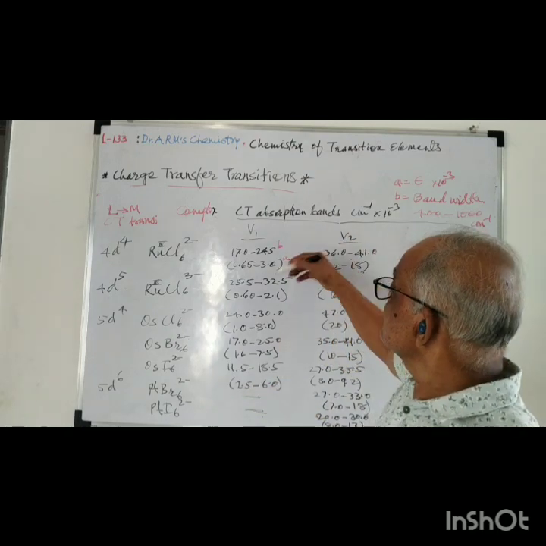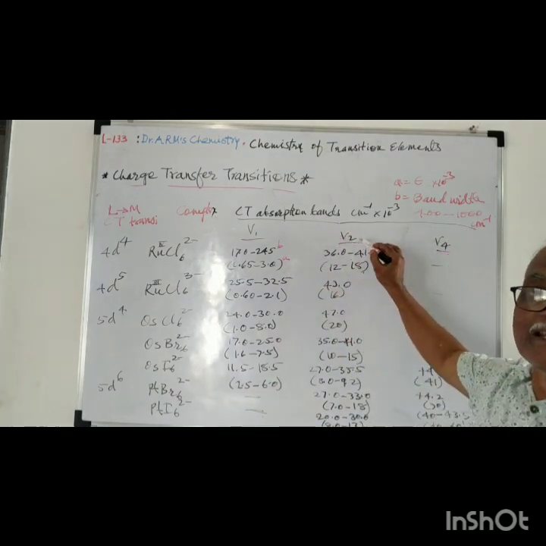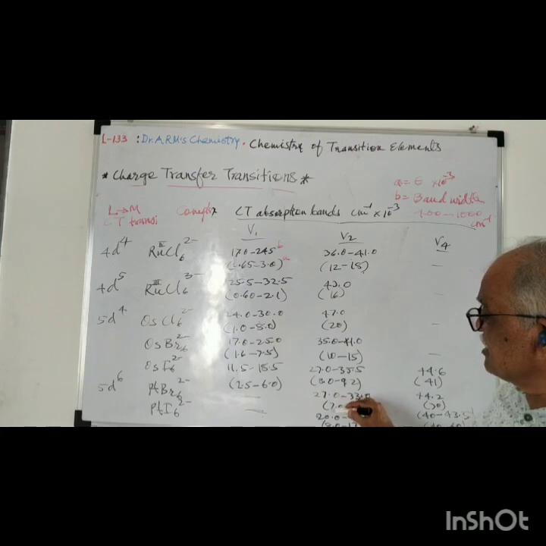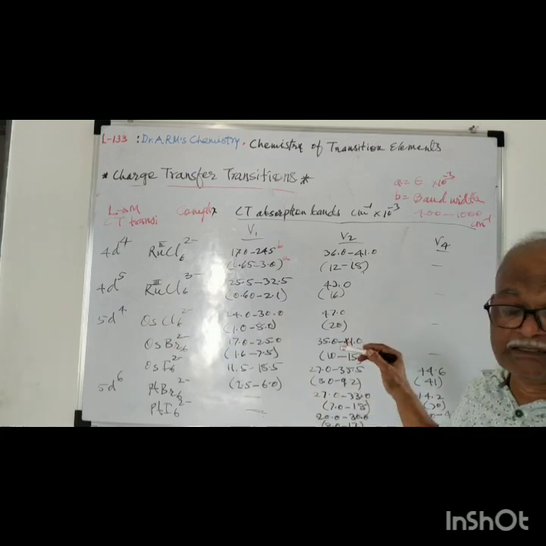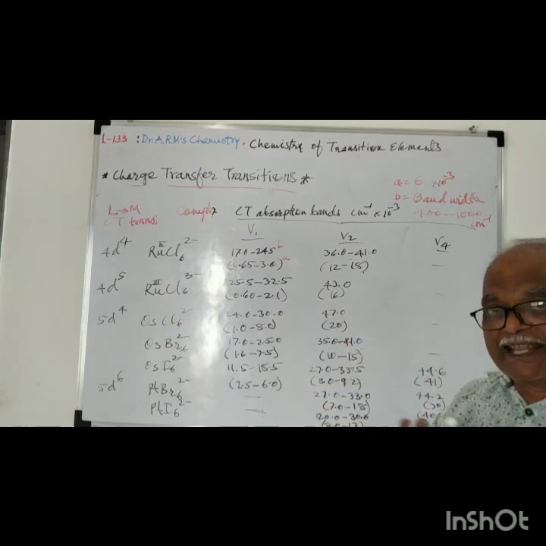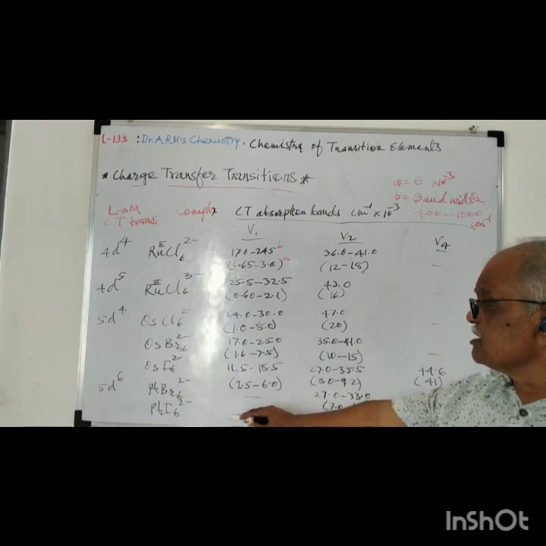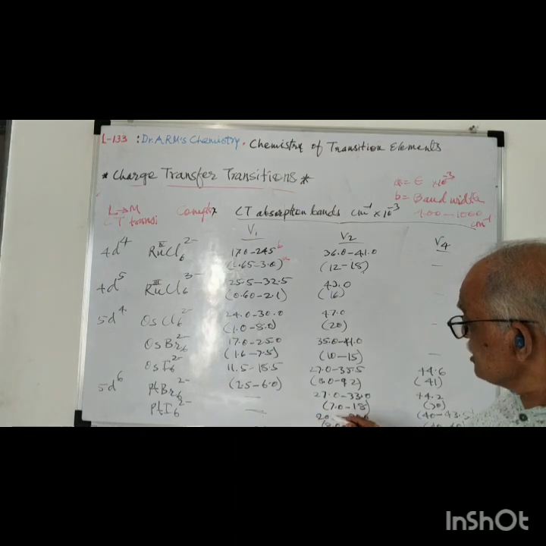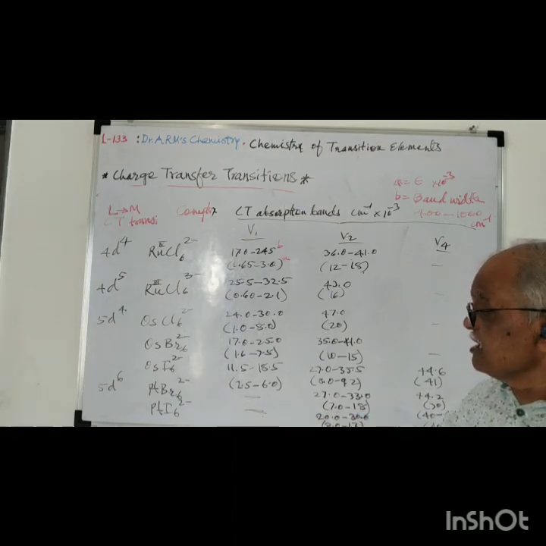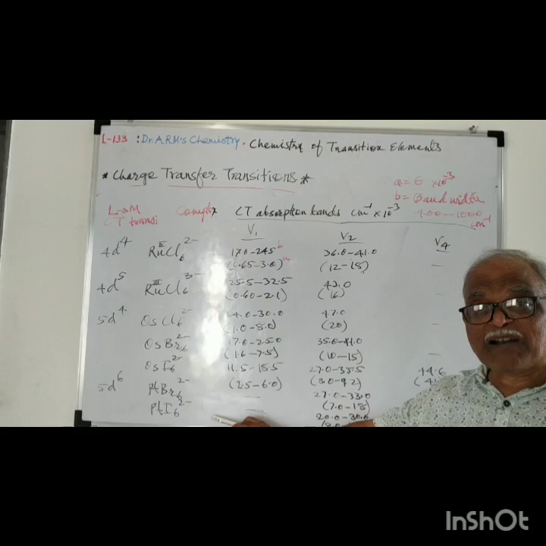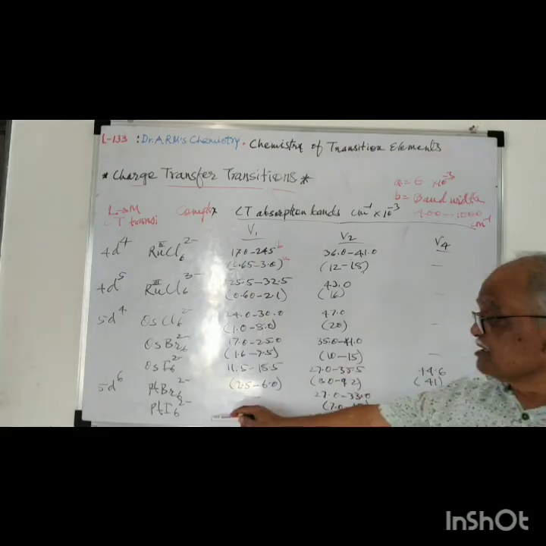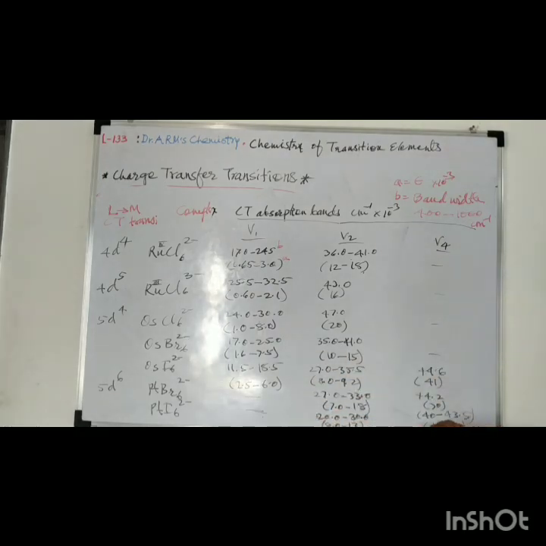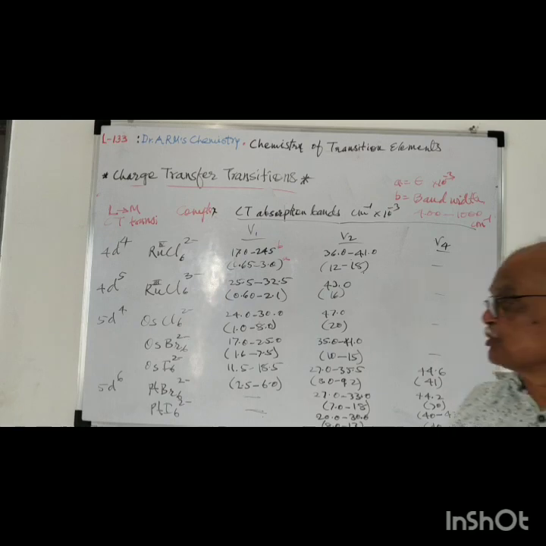But the next transition, V2, means sigma star are available because here sigma star orbital is empty. So the electrons are moving from pi star to this sigma star. Similarly, here the sigma orbitals of ligand to the sigma orbitals of metal ions, that is V4 type of transition, is shown here.